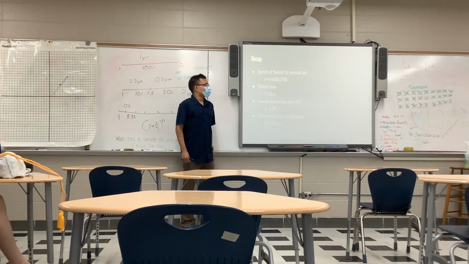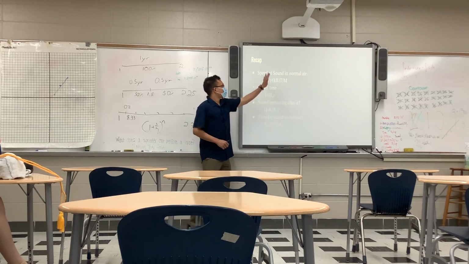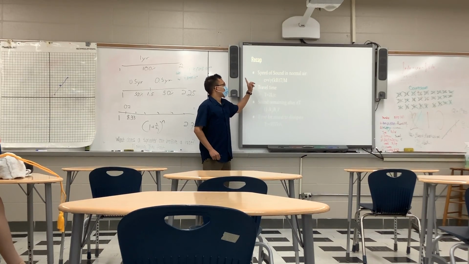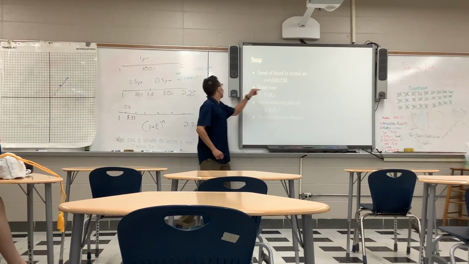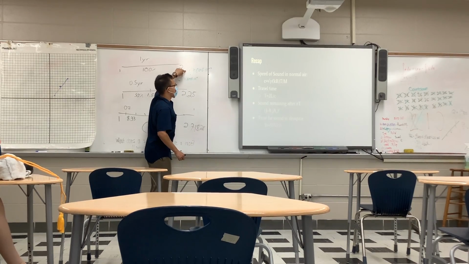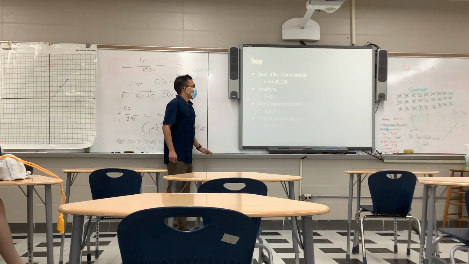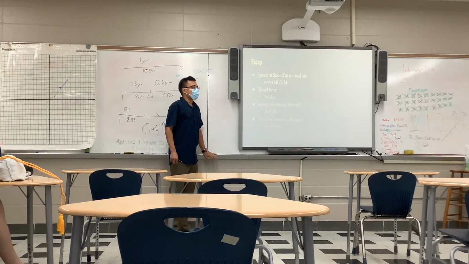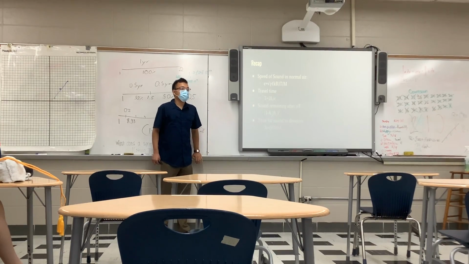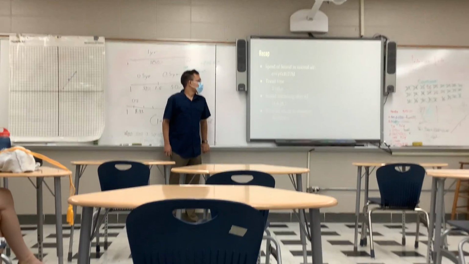So just to recap, speed of sound in normal air is square root of lambda times this times the temperature in Kelvin over this number. And travel time is T equals 2 times the length over the speed of sound.